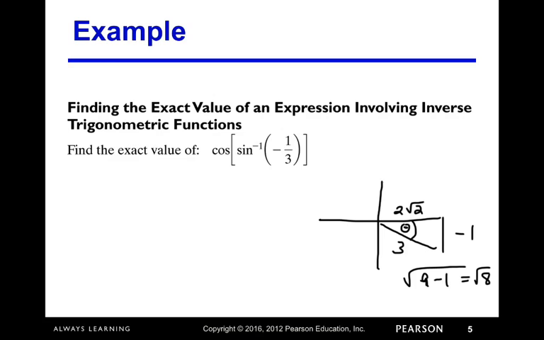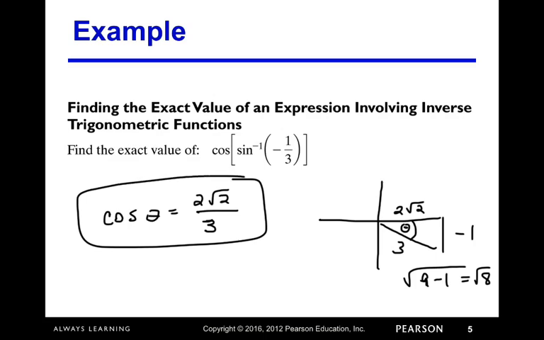So the cosine of the angle we've just drawn, now I'll erase my 2, would be 2 times the square root of 2 over 3, adjacent over hypotenuse, and you won't have to simplify or rationalize.